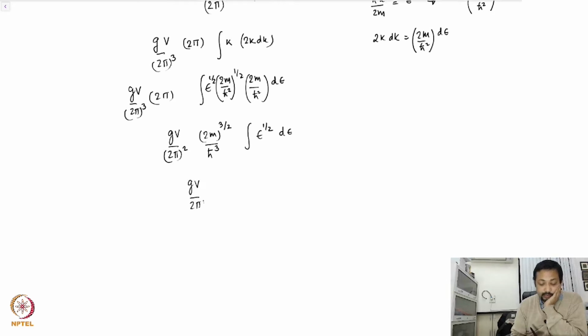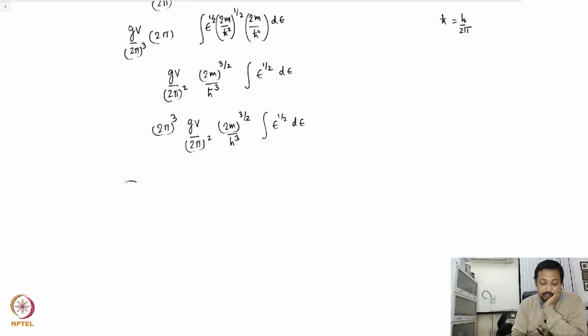This can be simplified by noting that h bar is h over 2 pi, so that I have 2 pi whole cube, and this is 2 pi whole square times 2m raised to the power 3 by 2, divided by h cube. So this sum over k now goes to 2 pi g_v over h cube times 2m to the 3 by 2 times the integral of epsilon half d epsilon.